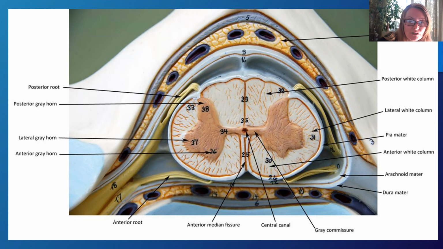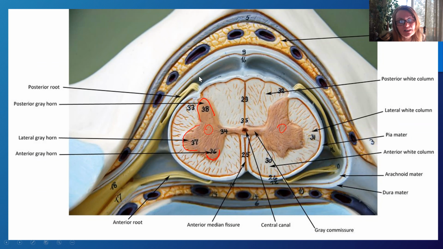So you see the anterior gray horn, the posterior gray horn, the lateral gray horn, the median fissure and posterior median sulcus, and the central canal. Now the gray matter that connects this part and this part together is called the gray commissure.